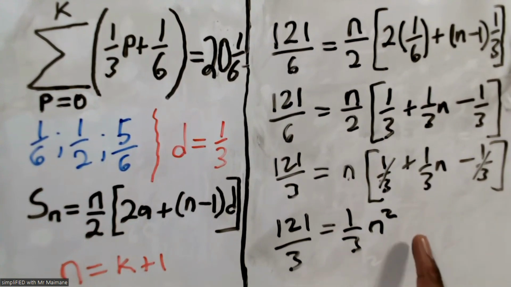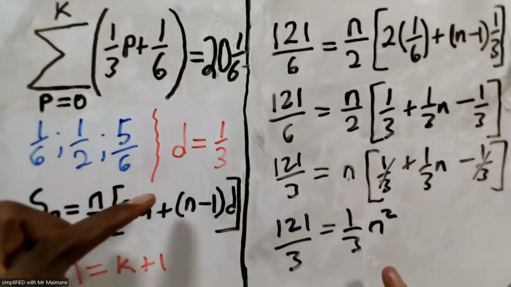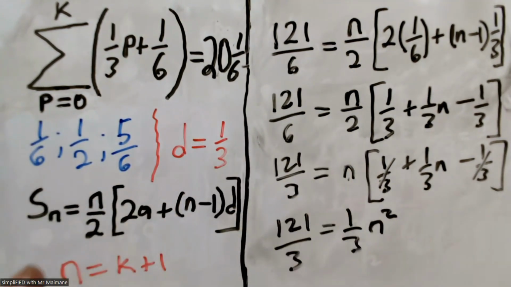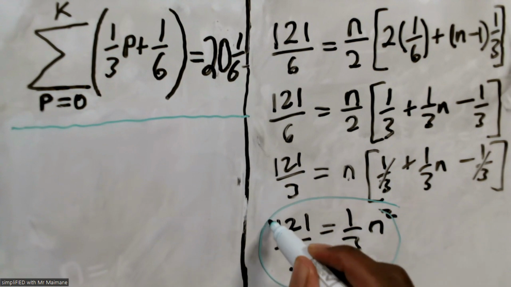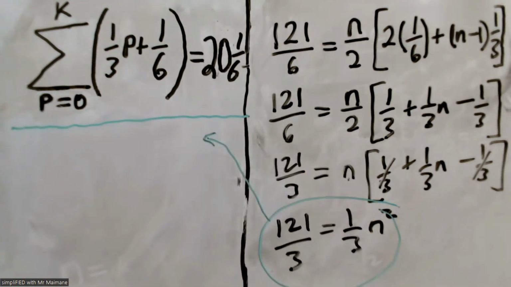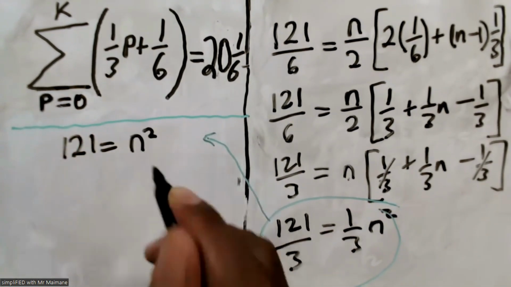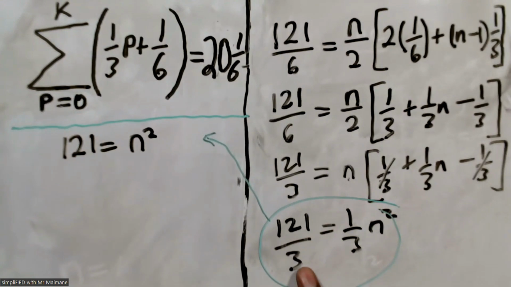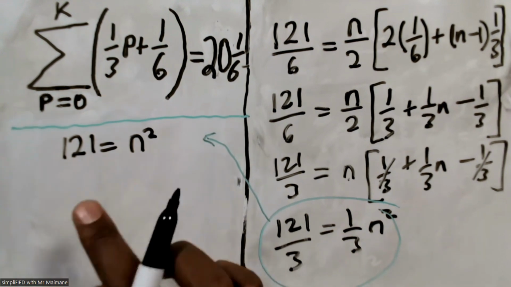Because I need space, I'm going to move this to this side because we're done with this part, just to finish up the calculations. So moving this one here, this will result in 121 equals n squared, because 121 over 3 is equal to n squared over 3. So now mathematically it can be written like this.